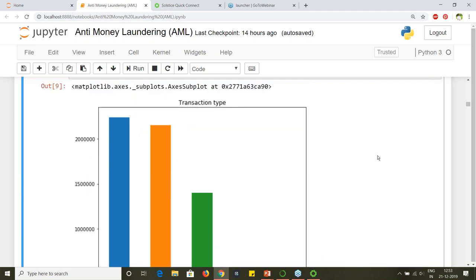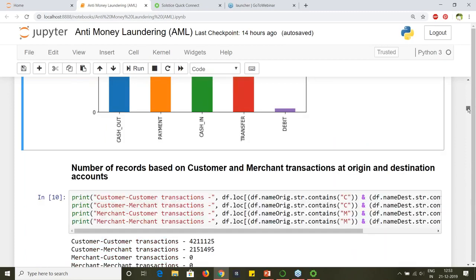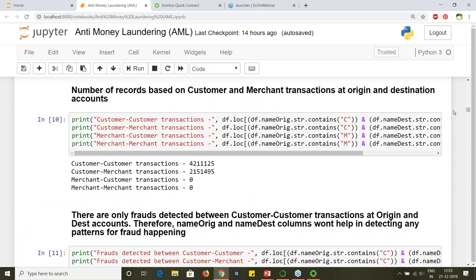Okay. These are the number of transactions based on the type. The graph. The next is. Okay, so here there are two persons. The one is a customer and the next one is a merchant.